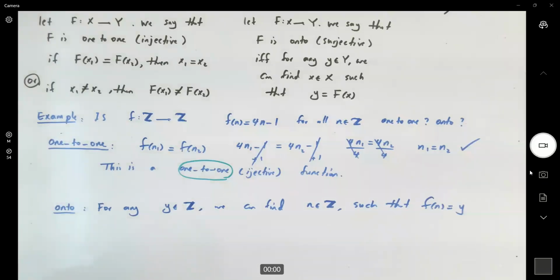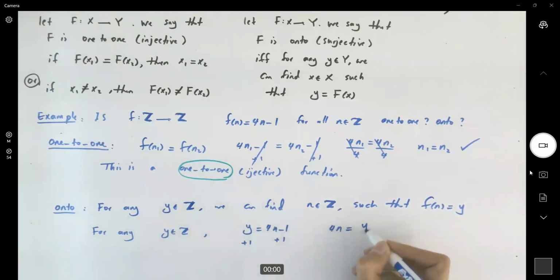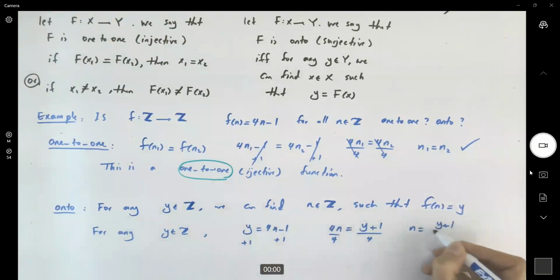Well, for any integer, since I have y equals 4n minus 1, I'm going to do a little bit of algebra here. 4n is equal to y plus 1. Then I'm going to divide by 4, and n is y plus 1 over 4. But is this always going to be in Z? For any integer, can I find another integer like n? Is it possible to do that?